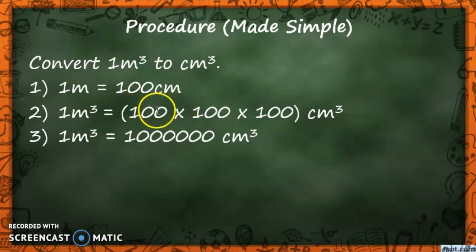So that means we'll multiply 100 times 100 times 100, which will give us our answer, 1 million centimeter cube. Quick and fast. If you remember, with square units we multiply twice, but with cube, we multiply 3 times. Alright, so that's the trend.